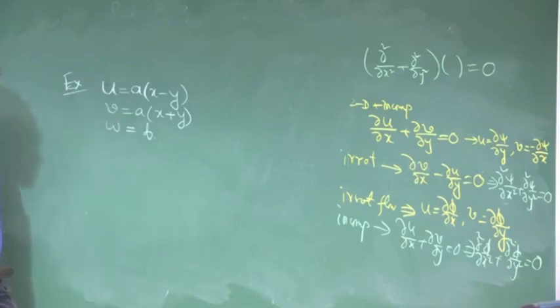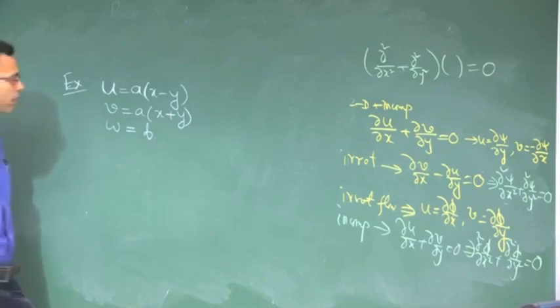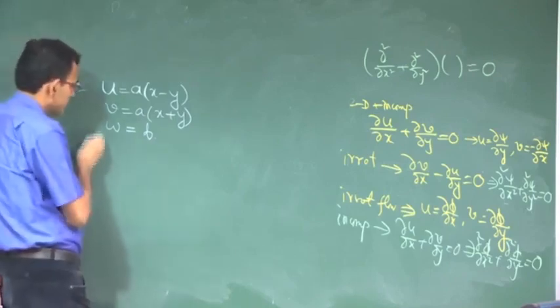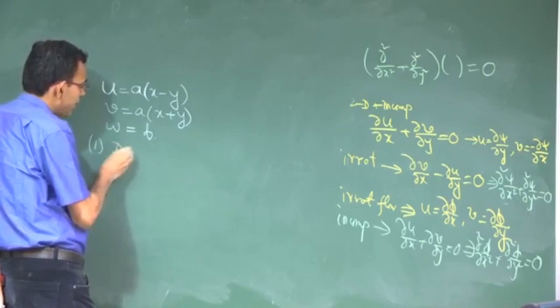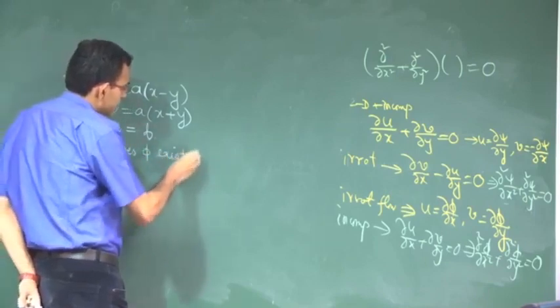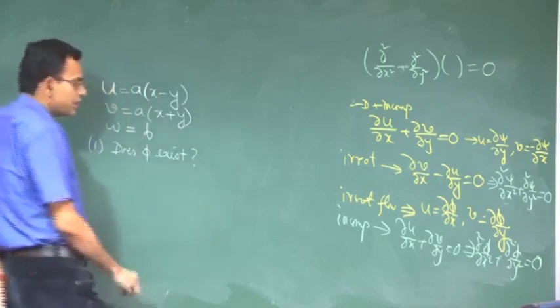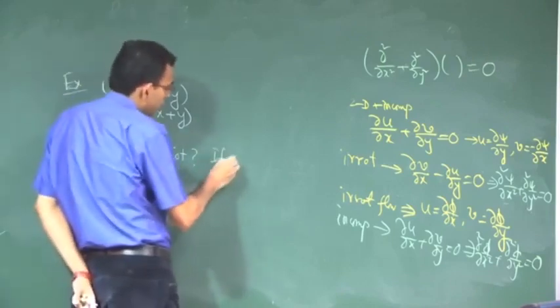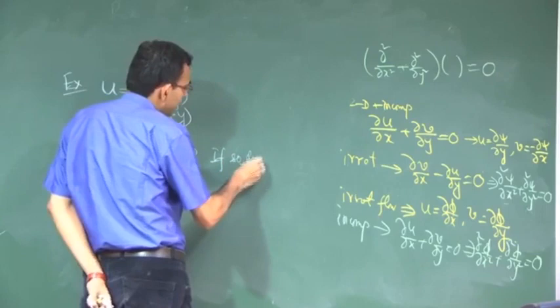So, the question is, number 1, does phi exist, the velocity potential? If so, you derive an expression.